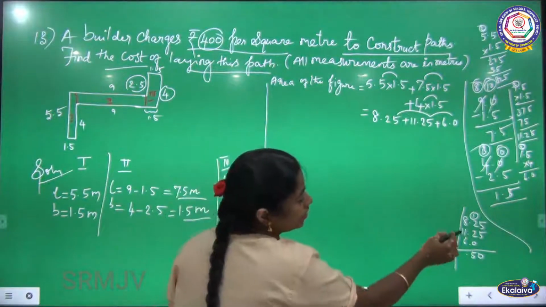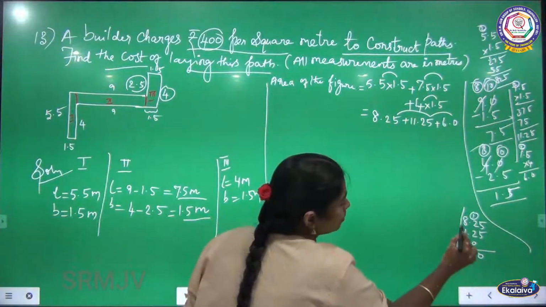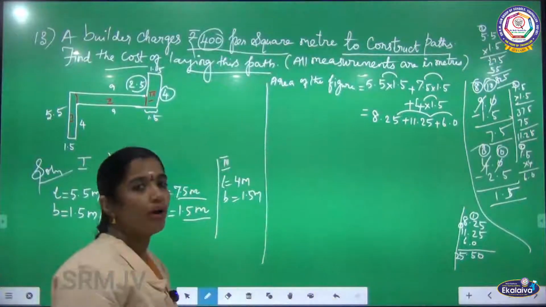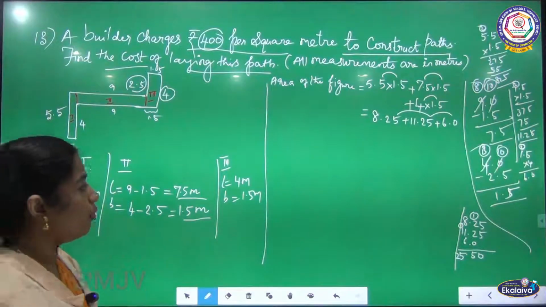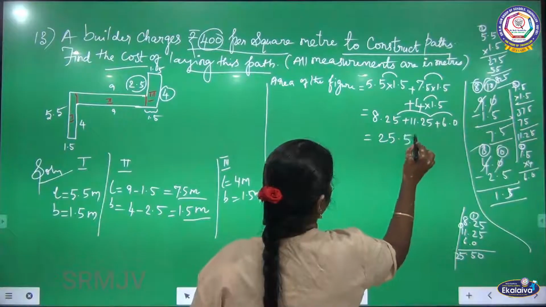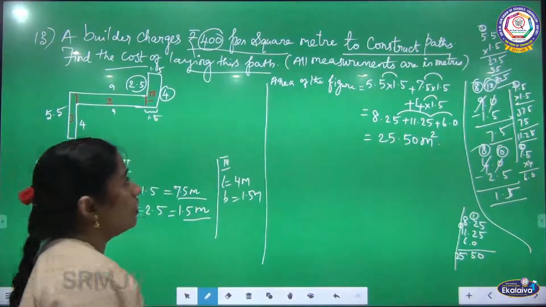Again 8 plus 1 is 9, 9 plus 6 is 15. So 1 carry over, so 25.50. Got it? 25.50 meter square.